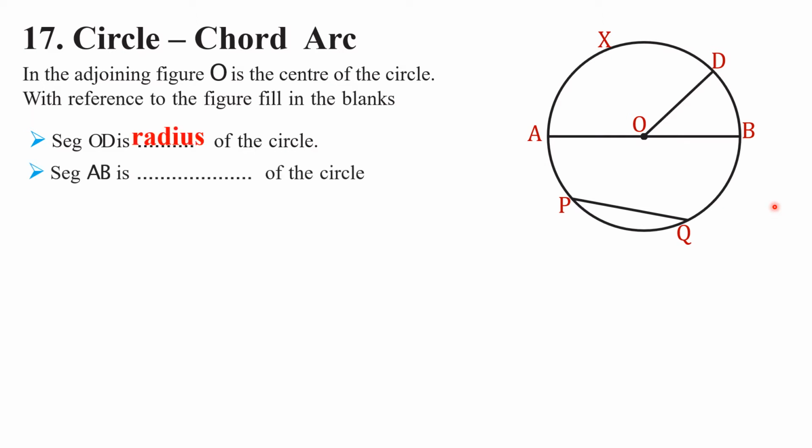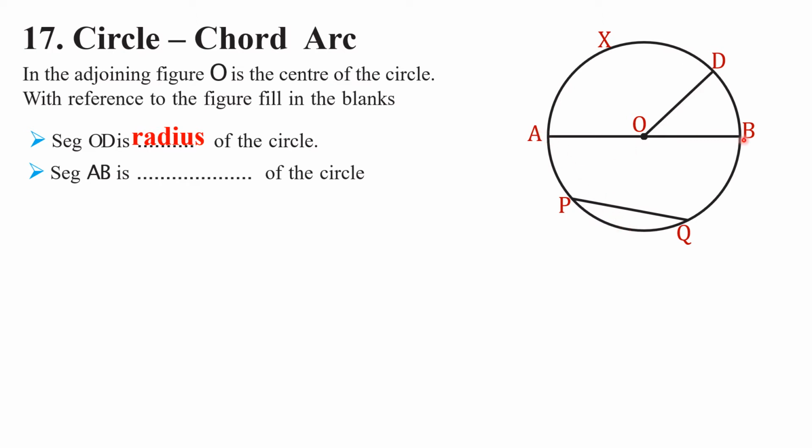Second one, segment AB is dash dash of the circle. This is the diameter. What is the difference between the chord and the diameter? When we join any 2 points on the circle, that segment is called a chord.